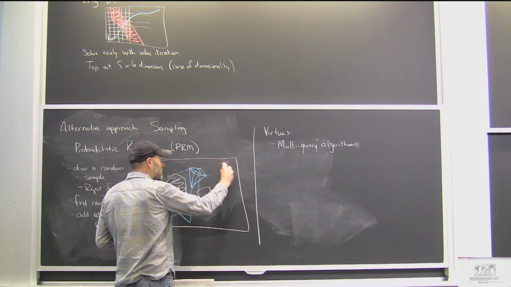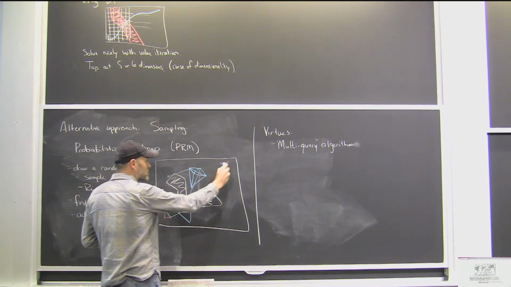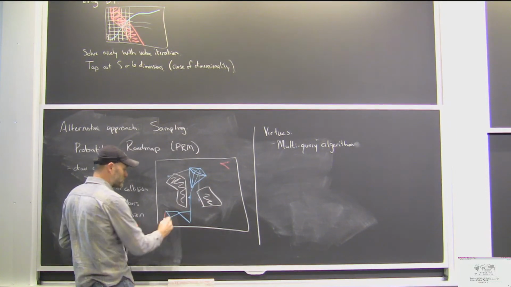I can connect to whatever discretization I already have. And then I can just do graph search on this graph in order to find a path from the start to the goal.